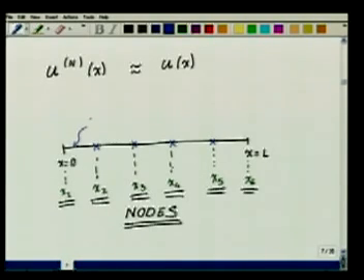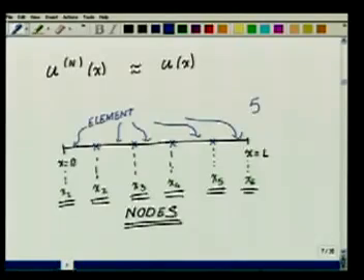So this will be an element, this is an element, this is an element. So here, if you see, we have 5 elements: 1, 2, 3, 4, 5. 5 elements we have, and 6 nodes. This set of nodes and elements together forms the mesh.